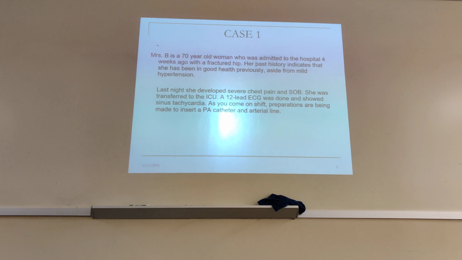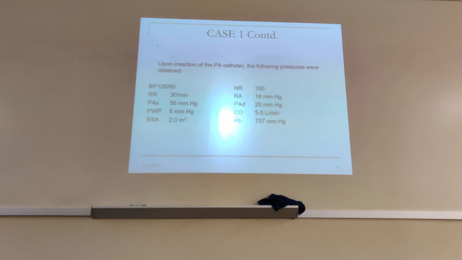Last night she developed severe chest pain and shortness of breath. She was transferred to the ICU, a 12-lead EKG was done and showed sinus tachycardia. As you come on shift, preparations are being made to insert a pulmonary arterial catheter and arterial line. These are the measurements from the pulmonary arterial catheter and the arterial line.